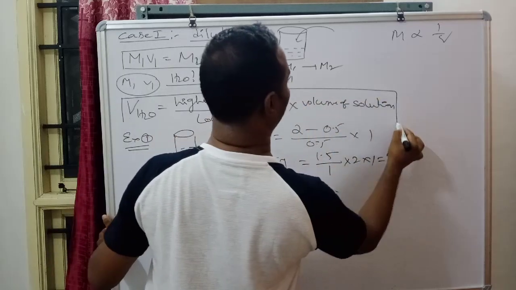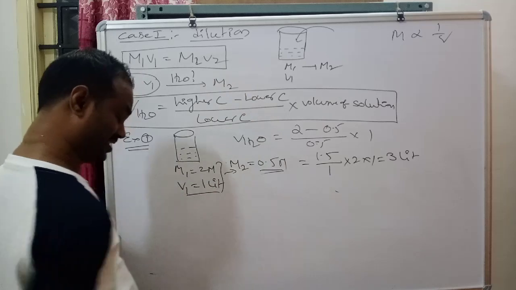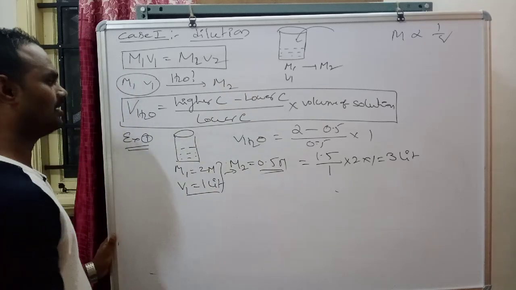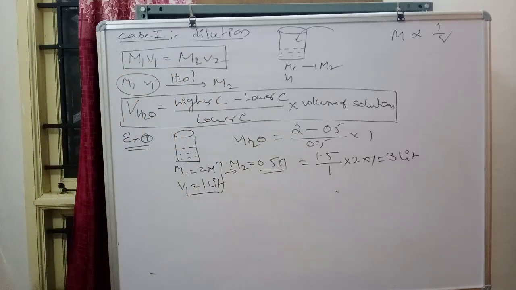The amount of solvent required is higher concentration minus lower concentration, divided by lower concentration, into the volume of solution taken. Is it clear?